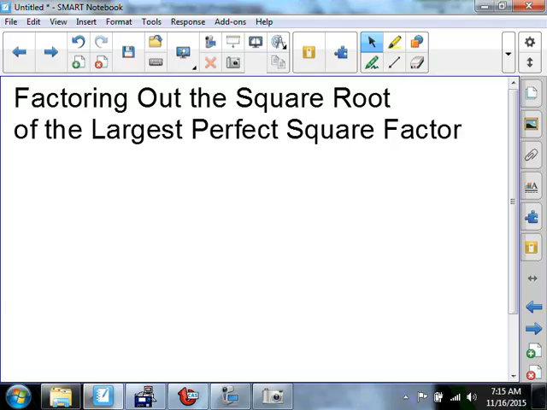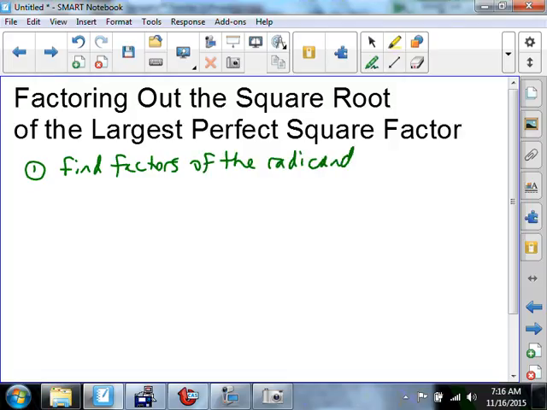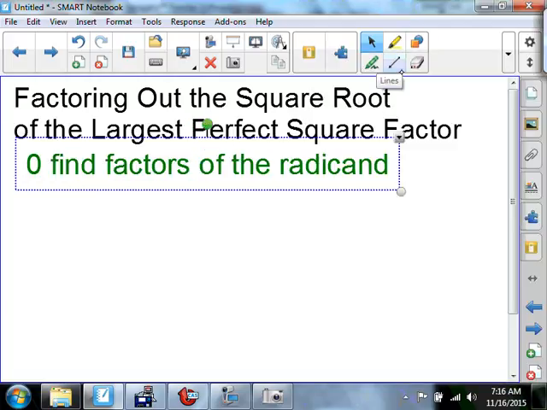So some people like an algorithm, a step-by-step, how do I simplify a radical? Well, the first thing you're going to do is find factors of the radicand. When you simplify a radical, you're going to look at the radicand. Remember we said you just got to look at it sometimes.